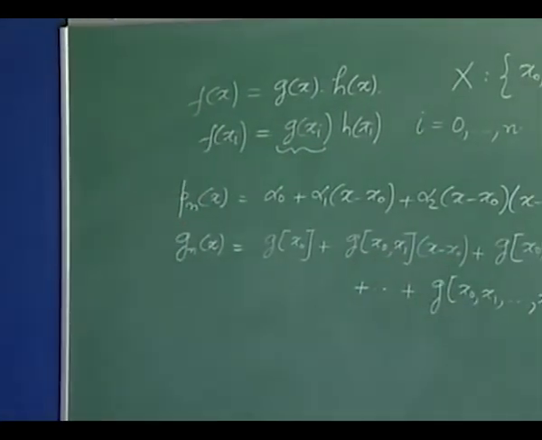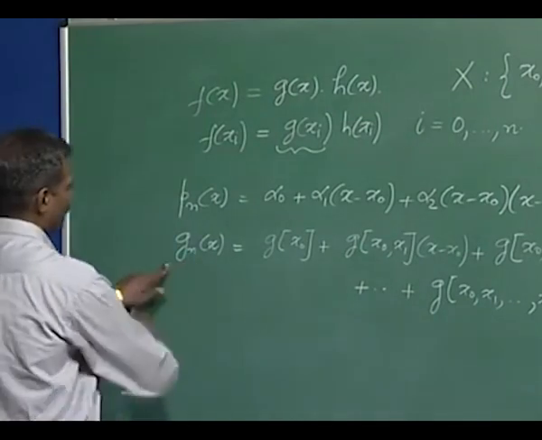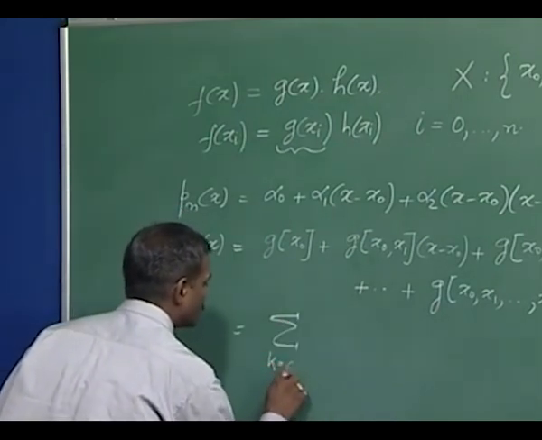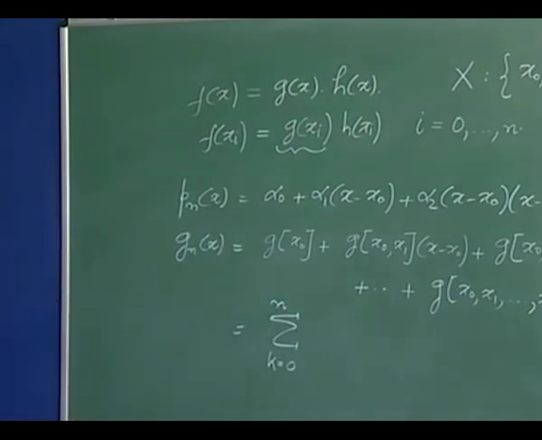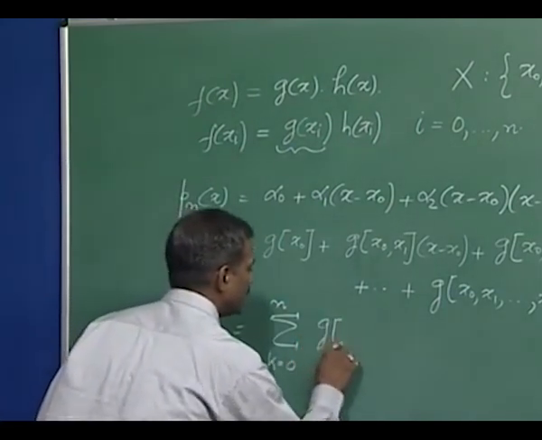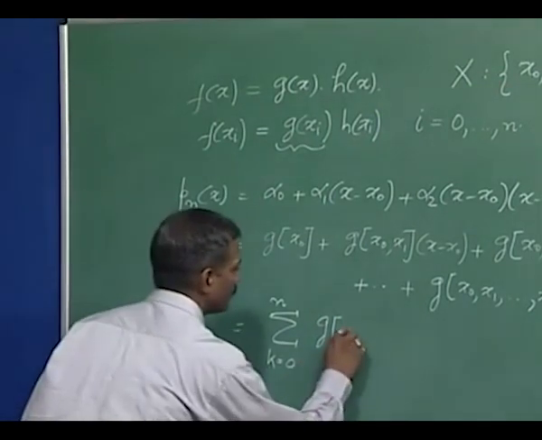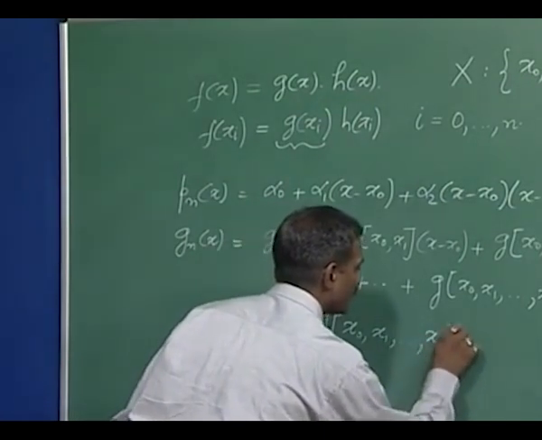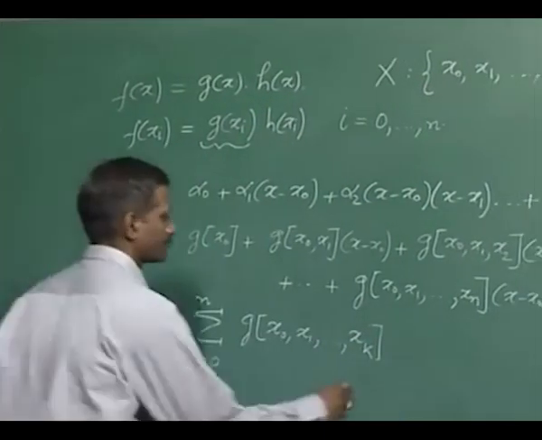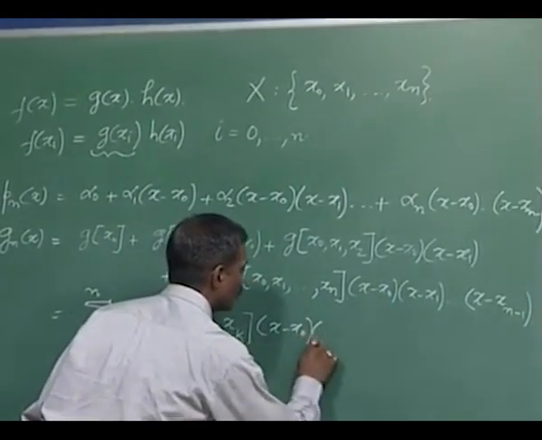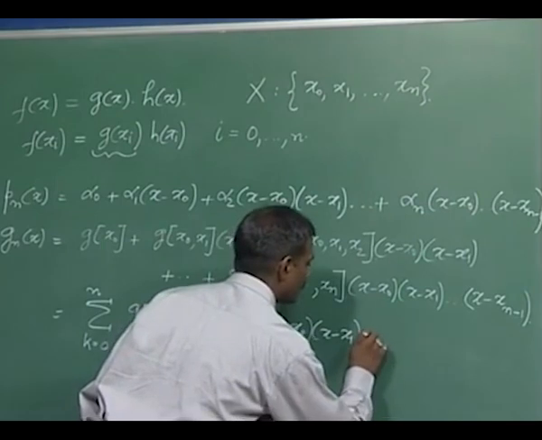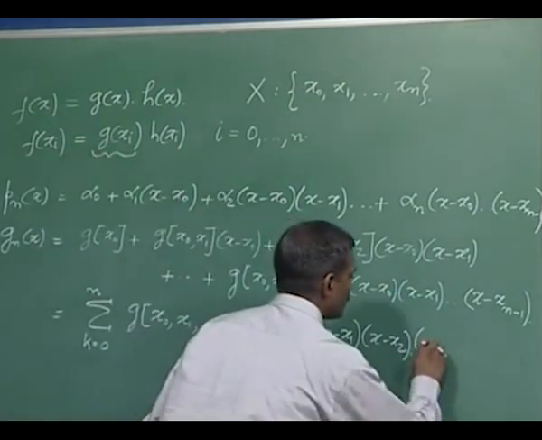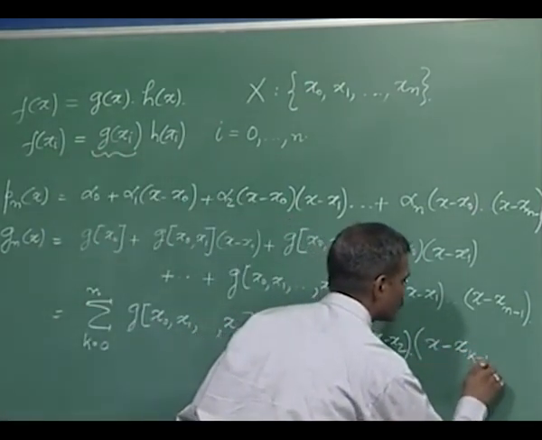In short, I would be able to write the expression for g_n(x) as summation index k going from 0 to n, g[x0, x1, up till xk] times (x minus x0)(x minus x1)(x minus x2), and the last factor will be (x minus x_{k-1}).